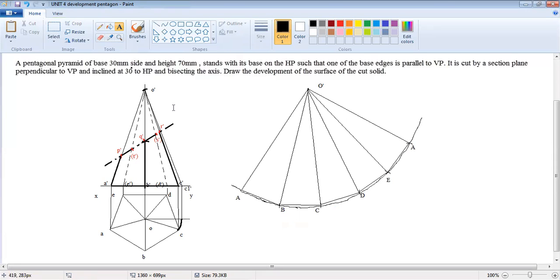For that, we have to convert this PQRST point to the slanted edge which we have taken for the arc.